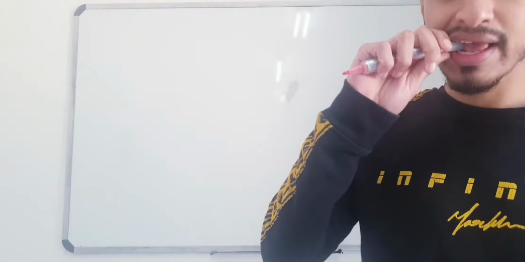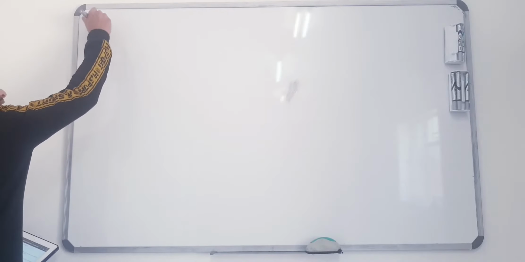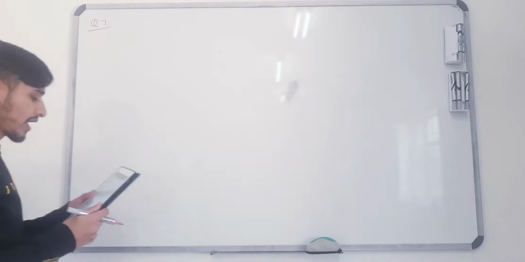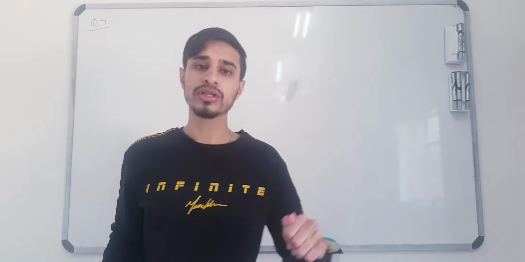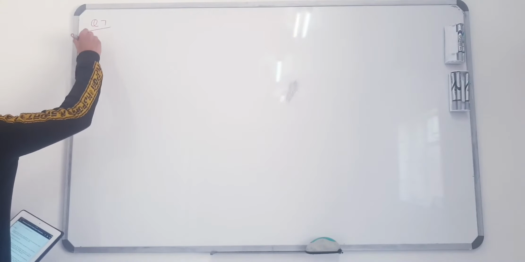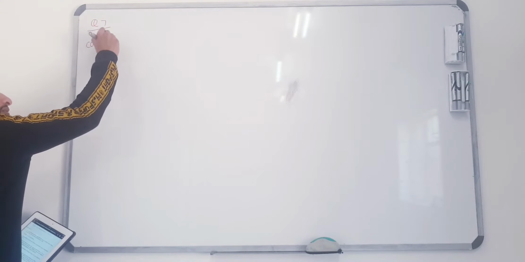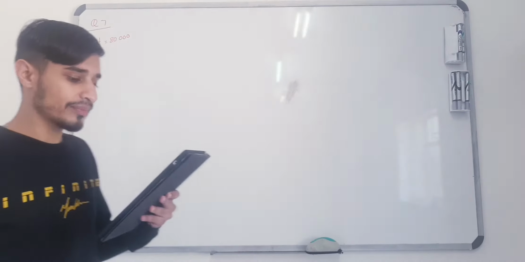So, the first thing that we're going to talk about today is question number 7. The first part in question number 7 says, a company bought a machine costing 80,000. So, let's just make some notes here. We know the cost of the machine is 80,000. Then we carry on.